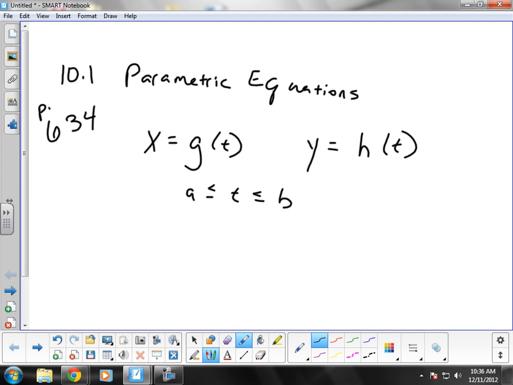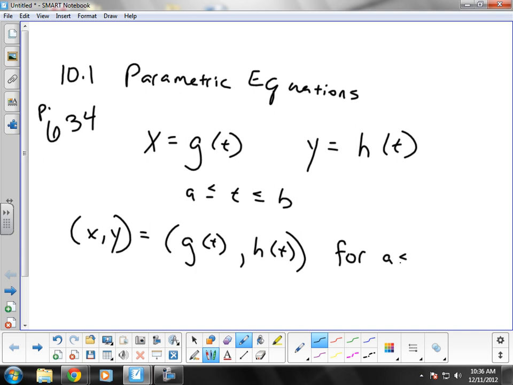So they take this x and y point that we had before, and they're going to turn it into a function of g of t, h of t, and it's for all the t's from A to B. So this is how it's written.